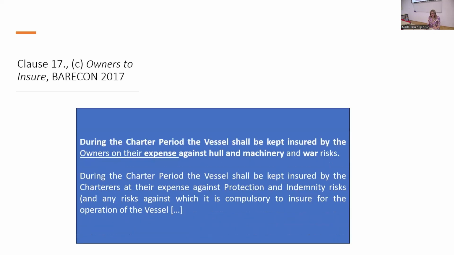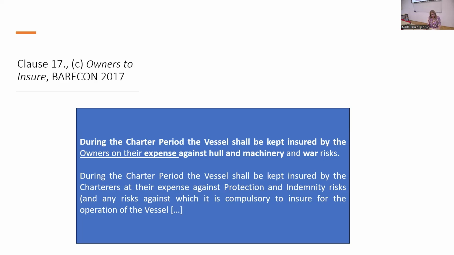Also, according to another sub-clause, during the charter period the vessel shall be kept insured by the owners at their expense against hull and machinery and war risks. So in this case, we just have hull and machinery and war risks, but the vessel shall be kept insured by the charterers at their expense against protection and indemnity risks, and of course any other risks against which it is compulsory to insure for the operation of the vessel.